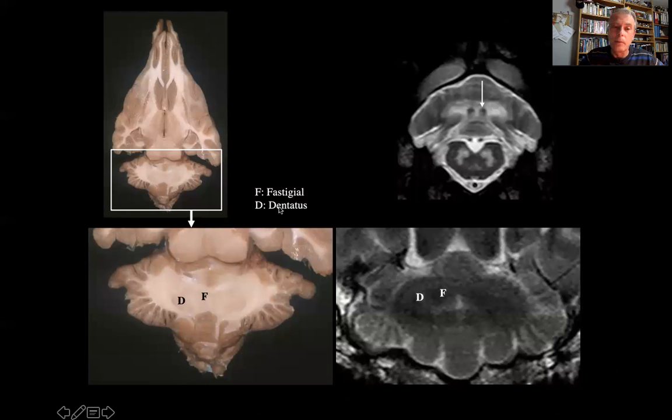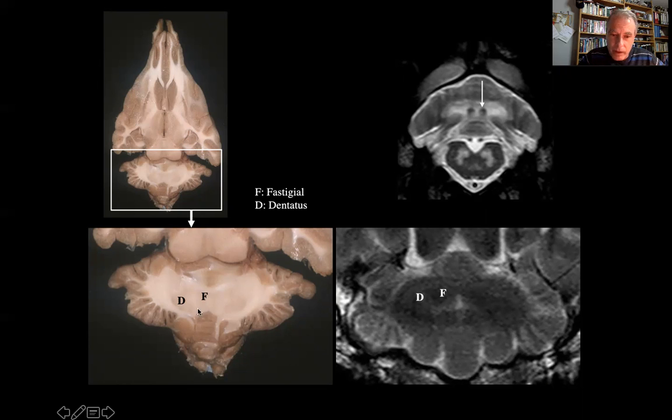Again, compare. This is a dorsal section of a fixed brain, okay? And we are going to focus here on the cerebellum. Here are the caudal colliculi of the mesencephalon. We also see other things, no? Both thalami, the putamen here, the caudate nucleus, the telencephalic septum, right? Okay, and the hippocampus and parahippocampal gyrus here.